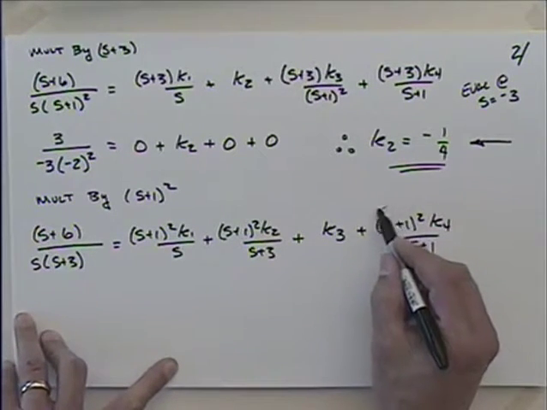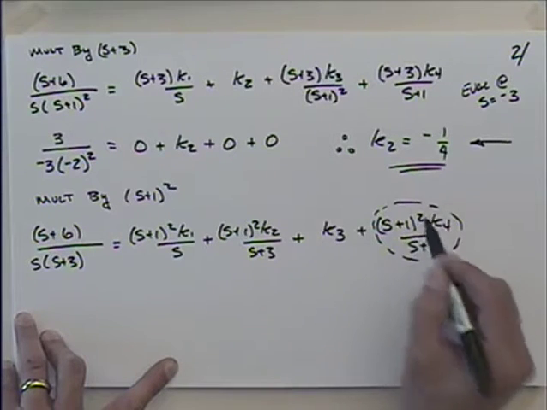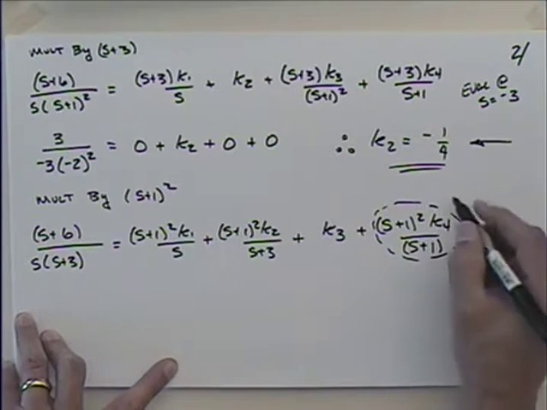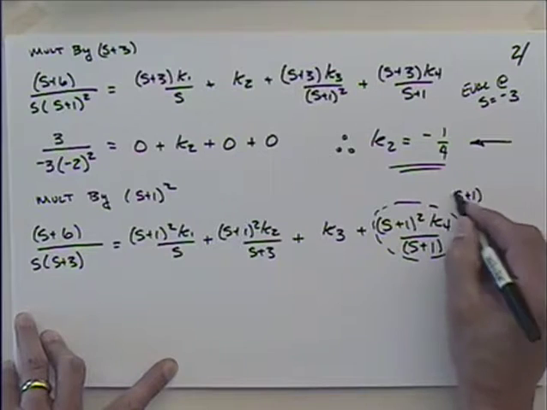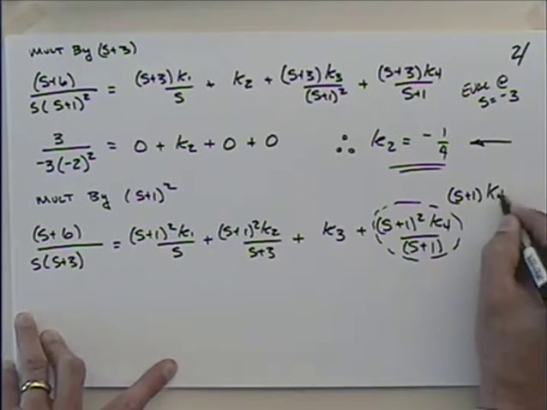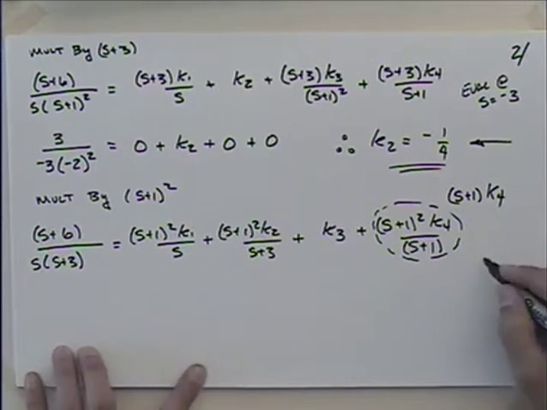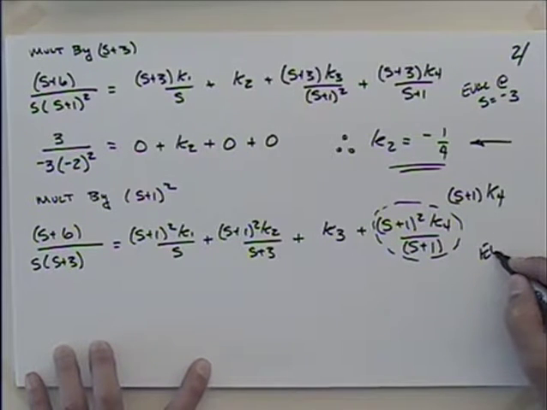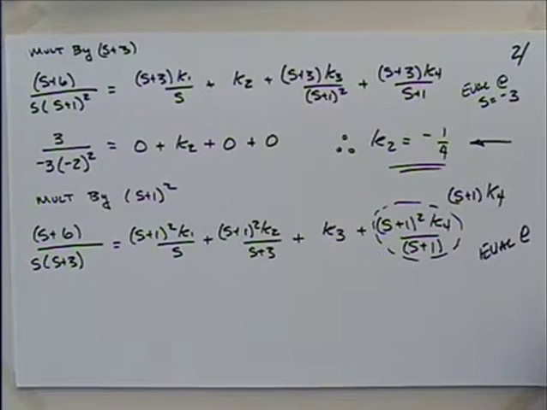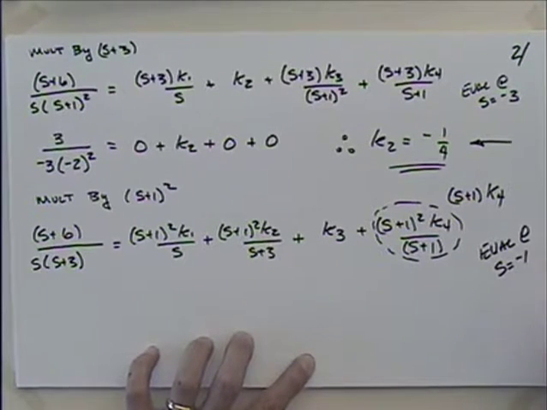And this thing then really turns out to be s plus 1 times k4. So then I evaluate this at s equals minus 1, right?